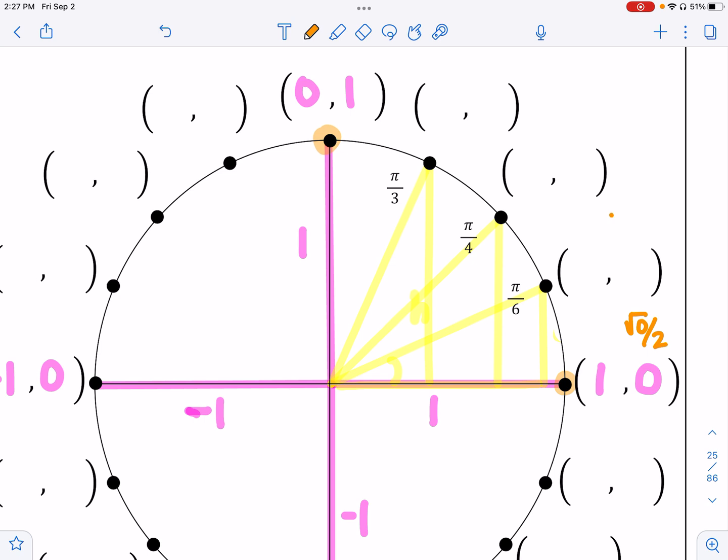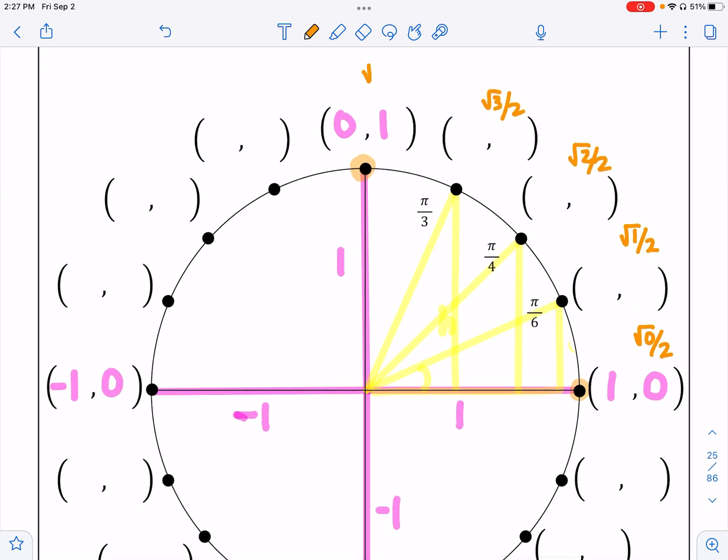And I can think of this next height as being radical 1 over 2, and radical 2 over 2, and radical 3 over 2, and you can see that they are getting progressively larger. And in fact, you can simplify these. Radical 0 over 2 is 0 over 2, so 0. Radical 1 over 2 is a half. Radical 2 over 2 cannot be simplified. Radical 3 over 2 cannot be simplified. But radical 4 over 2, that's just 2 over 2, so 1.